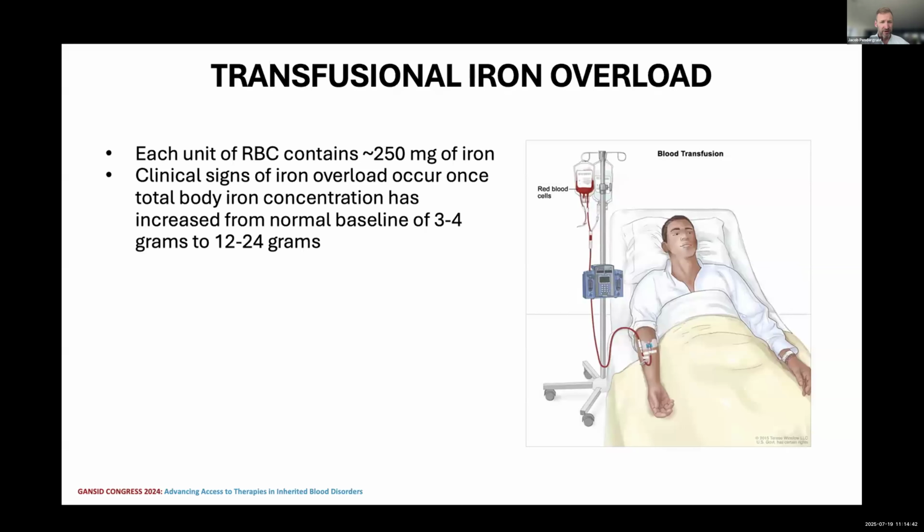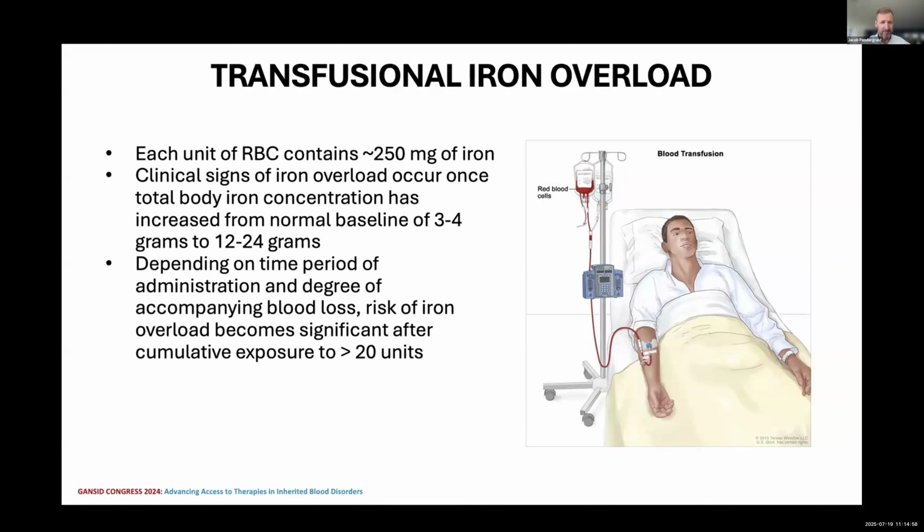And essentially, once you have exceeded your total body iron, which is normally around 3 to 4 grams, and it got up to 12 to 24 grams of iron, then that iron starts to actually cause problems. It actually starts to cause toxicity.